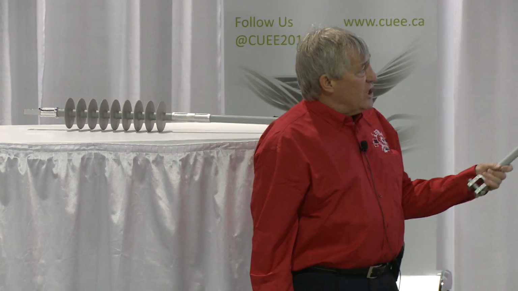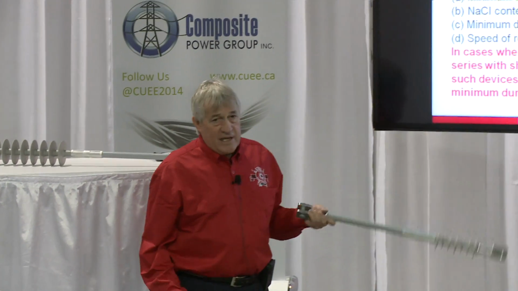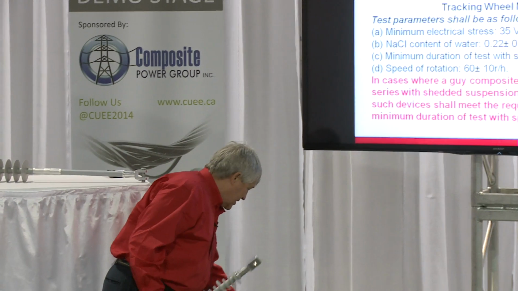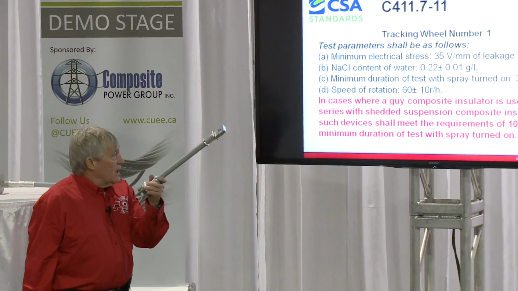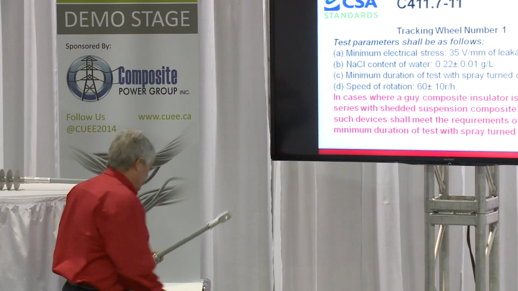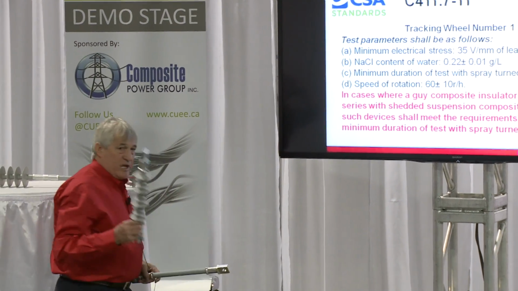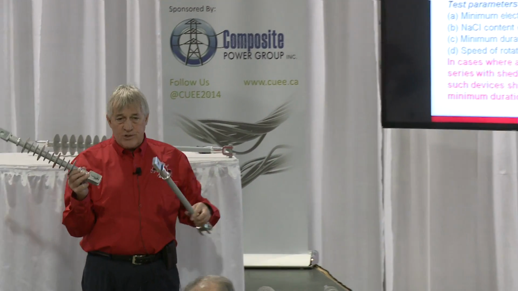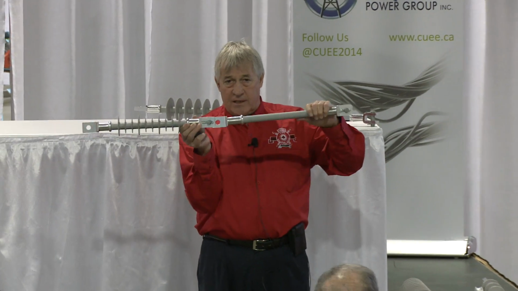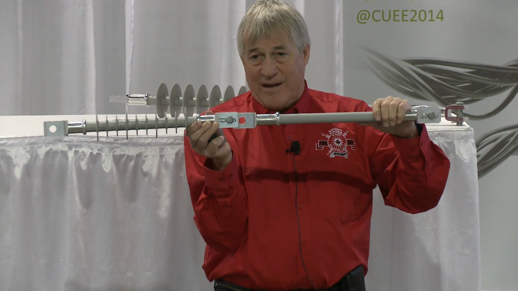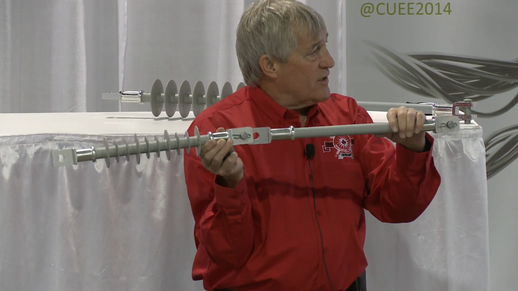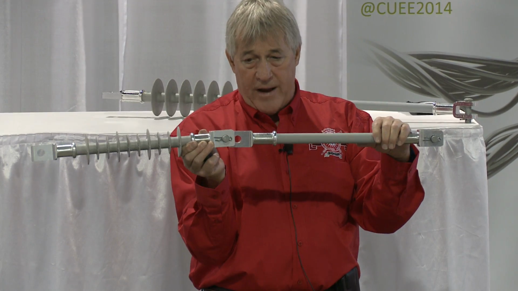So you'll notice the change that's in the standard now, and it says in cases where the composite is used in series with a shedded suspension insulator, this insulator shall meet 1,000 hours on the tracking wheel. Okay, so that's a very severe test with the spray on.